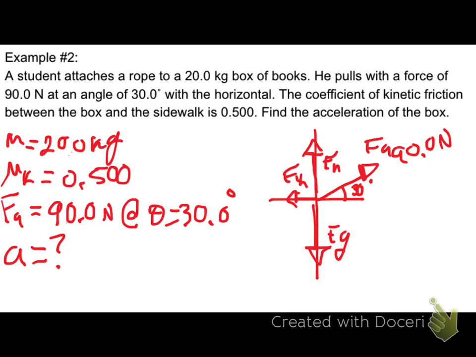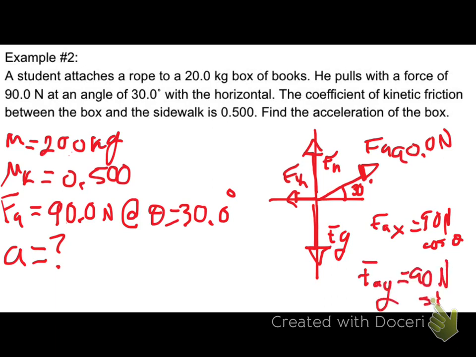You can do the force applied X by doing 90 newtons and then the cosine of theta, sorry, not sine, cosine of theta, and you can do applied force Y by doing 90 newtons and the sine of theta. Again, messy, I apologize for the lack of writing room on here. So go ahead and get yourselves that far.